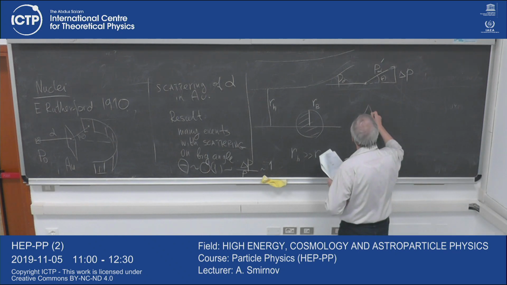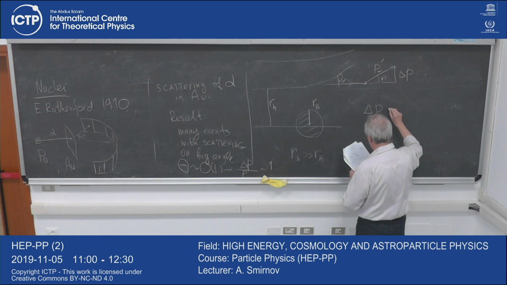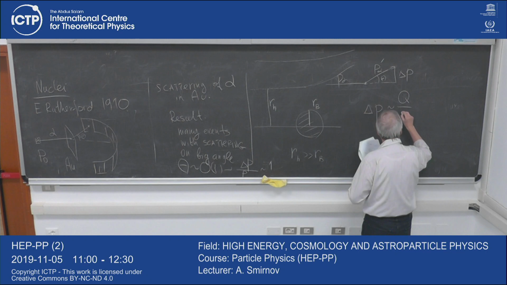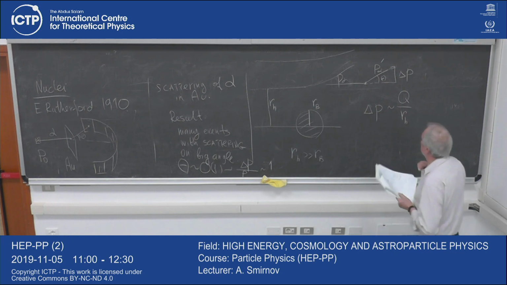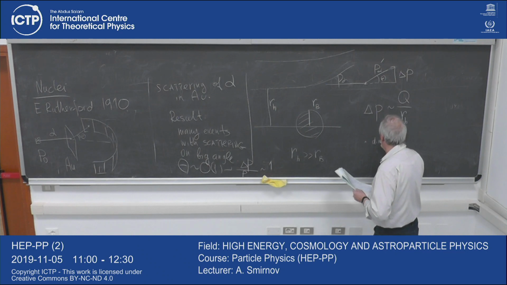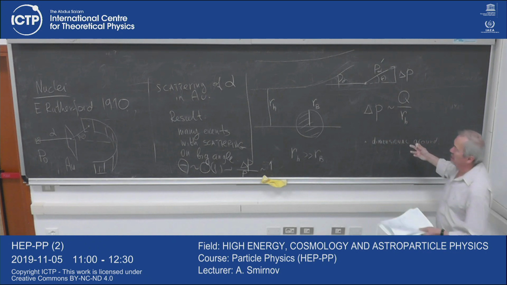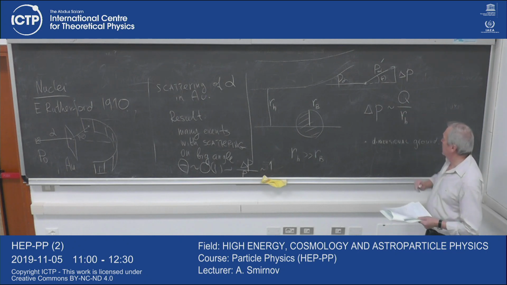So what is delta P in this case when you have a big impact parameter? In this case, delta P is proportional to charge over the impact parameter. So this is the momentum change in the case where the impact parameter is much bigger than the radius of the sphere. That can actually be computed. Since you know the electric field, the strength is 1 over r squared, and you can integrate over the trajectory and get this change of delta P. This can be obtained also on dimensional grounds. The parameters in the game are electric charge and impact parameter.